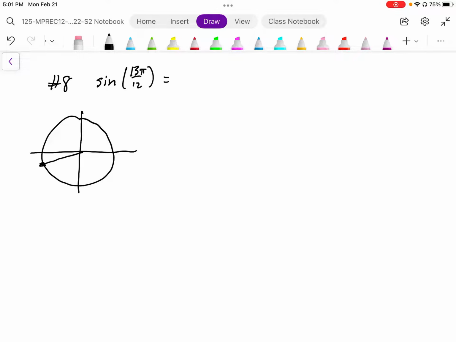And what we can do is we can actually do this. We can either start at something like this. This is this 45-degree position, and if I add 60 degrees, I'm going to end up in that position.